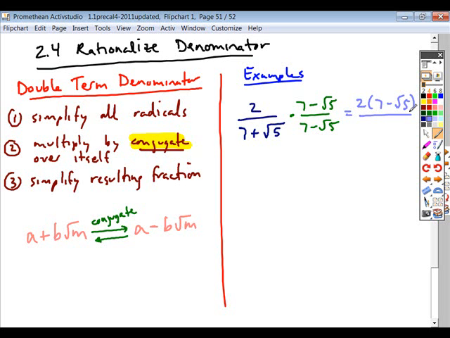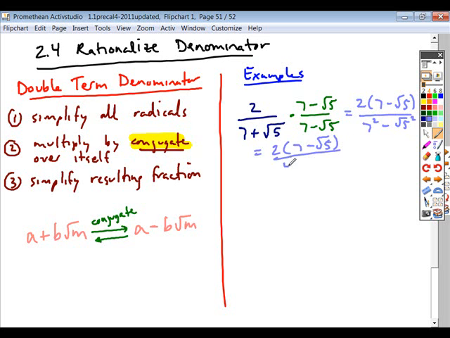So just leave it as factors. And then across the bottom, I'm going to write this out. It becomes the difference of these squares. So if we take the term 7, square it, minus root 5 squared. Now, you could do this step mentally if you want and just write the answer. I'm writing the steps just to explain where the things came from.